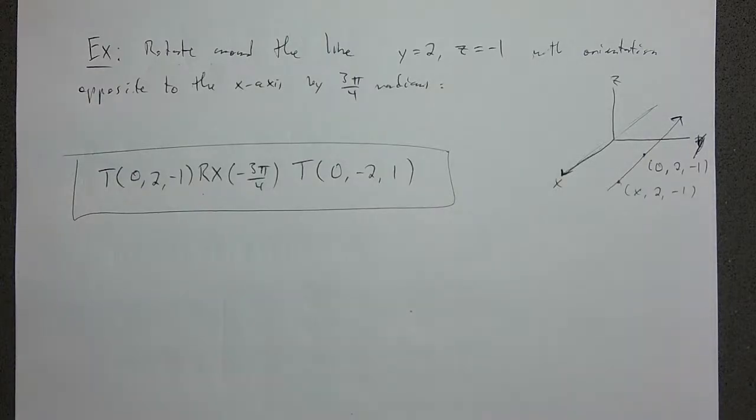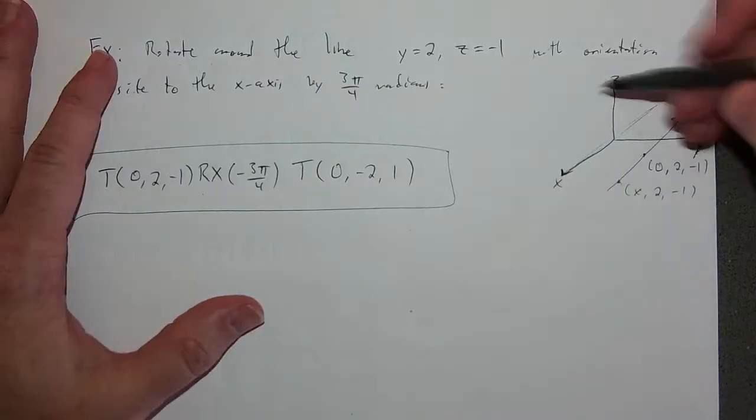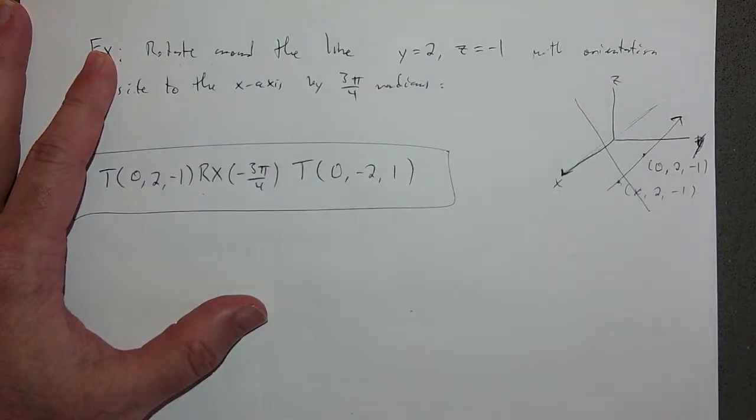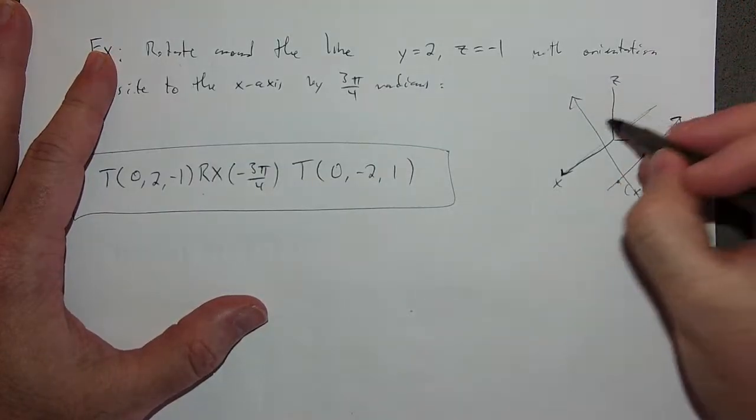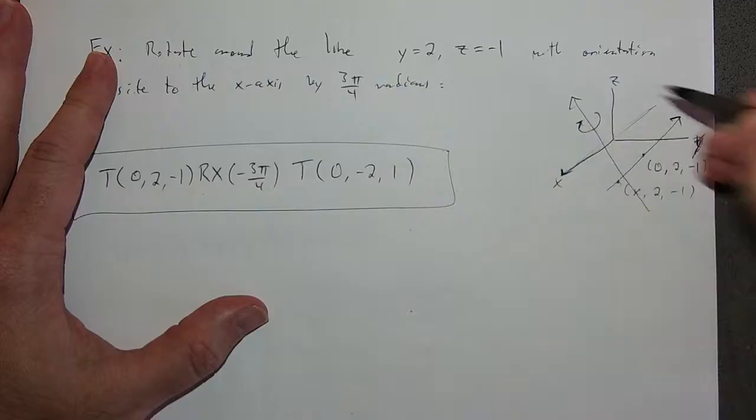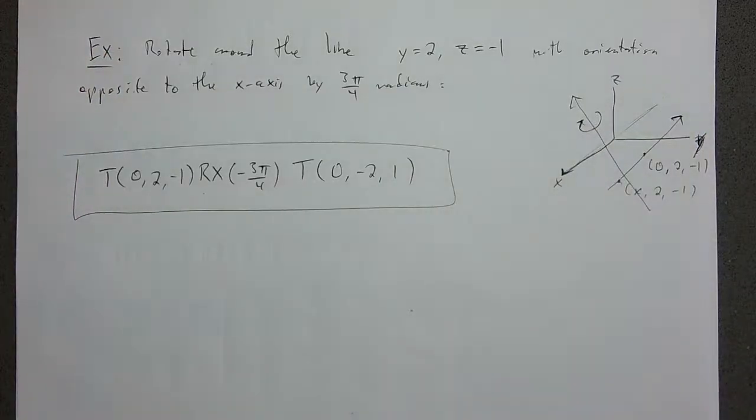Okay, so this is giving you a little bit of a taste for what you would do when you're trying to do one of these 3D rotations about an axis that is parallel to one of the coordinate axes. Now, obviously, a completely generic rotation may have you rotating about an axis that looks like this, that is not parallel to any of the coordinate axes. So what do you do in that case? Well, in that case, things are a little trickier.